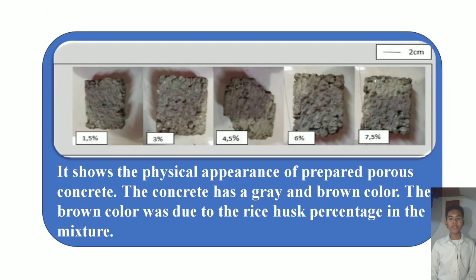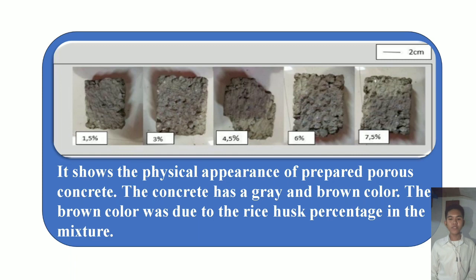As for the appearance, the concrete has a gray and brown color. The brown color in the prepared concrete was due to the rice husk percentage in the mixture. Concrete with a higher percentage of rice husk appeared coarser and rougher than the low percentage of rice husk.